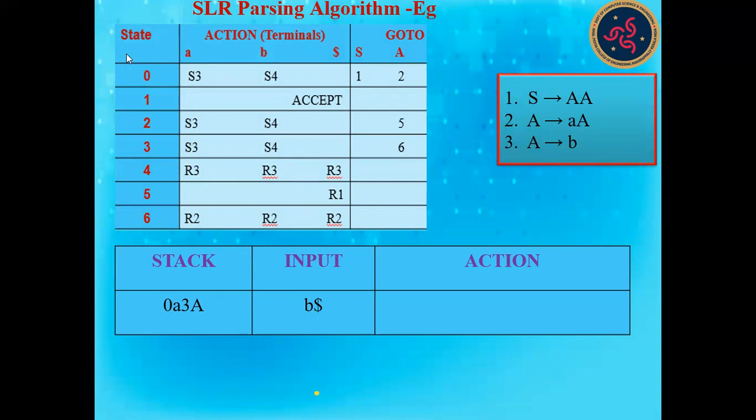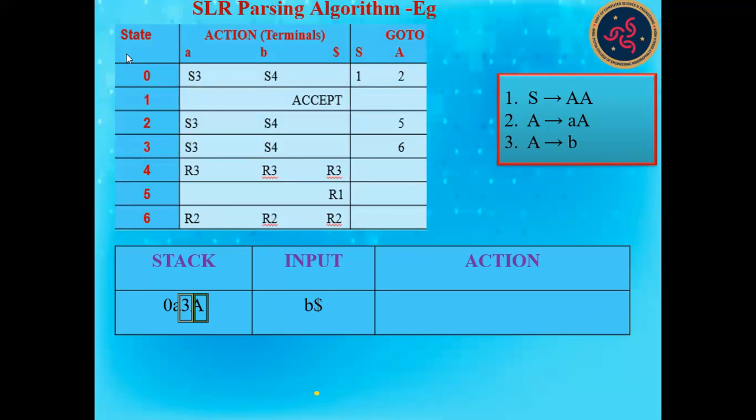Again we need to write a number for this capital A, so we consider these two symbols, that is 3 and A. Consider the state number 3 and the non-terminal A. When the state 3 comes with the non-terminal capital A, what is the value here? It is 6, right? Now push the number 6 onto the stack.